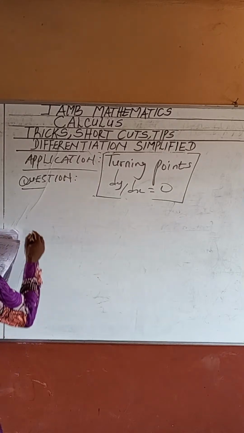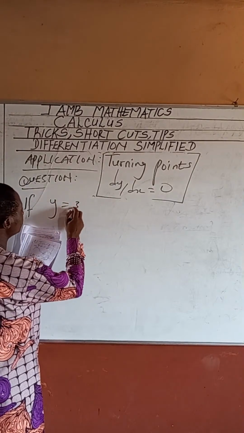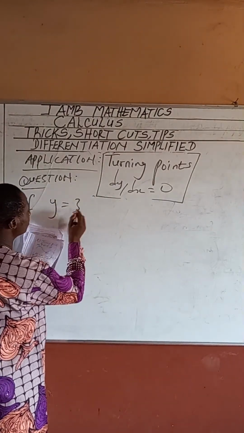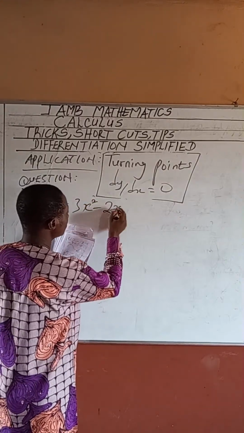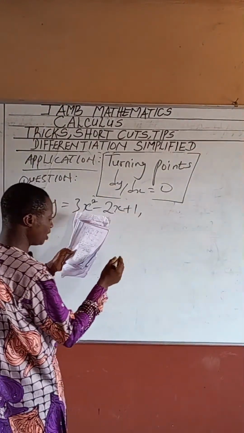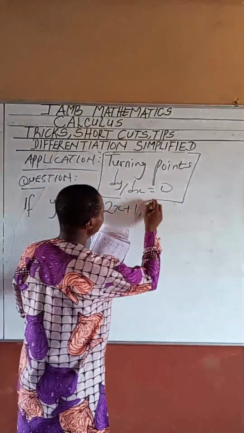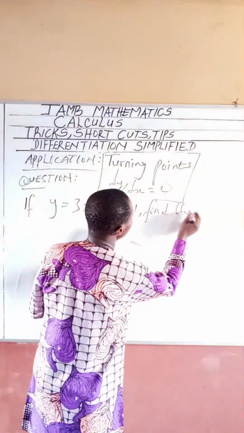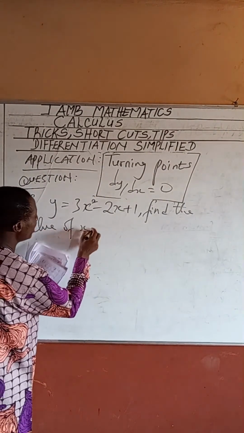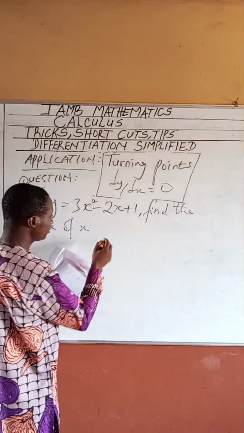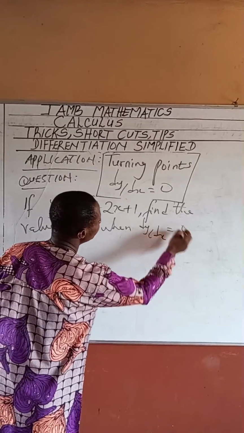If y is equal to 3x squared minus 2x plus 1, find the value of x when dy/dx is equal to 0.